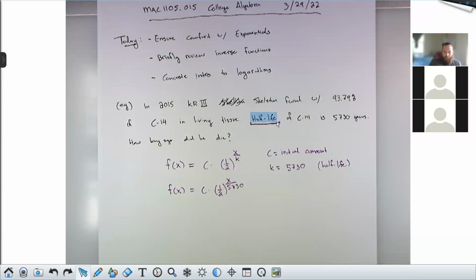It's the amount of time that it takes for something to decay by 1/2. So every 5,730 years, the amount of carbon-14 in his skeleton is reduced by half. Half of it decays through what's called radioactive beta decay. So I've got my function. What am I trying to find?